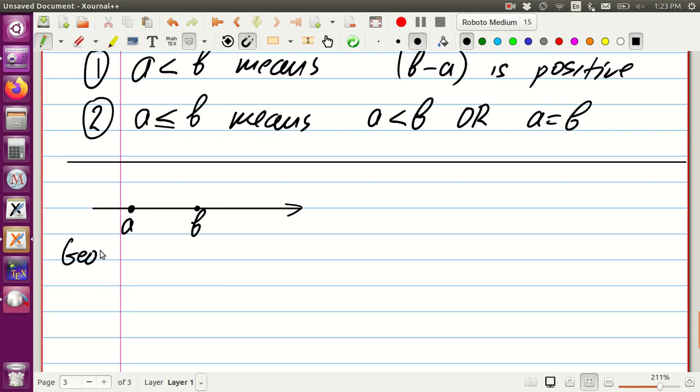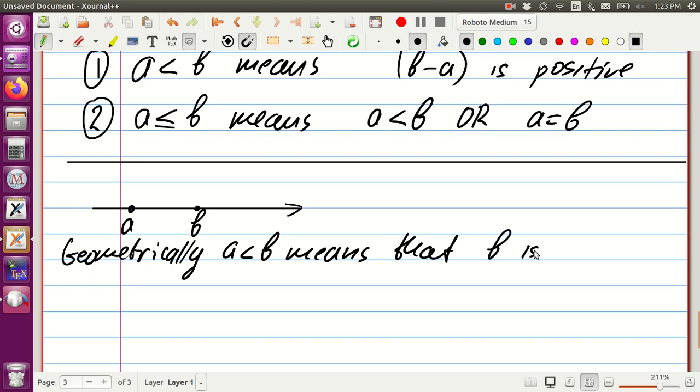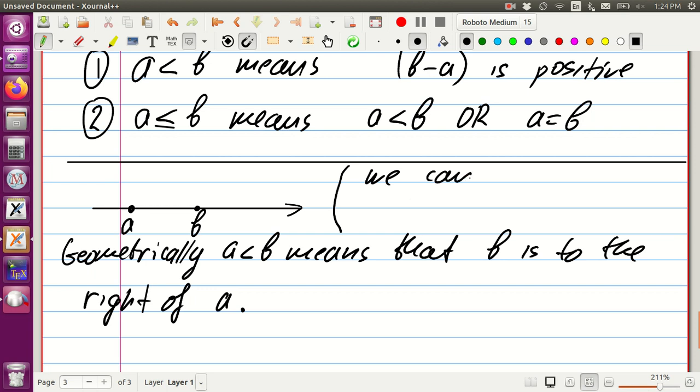Geometrically, A less than B means that B is to the right of A. And another thing that we should add here while we're doing this, we can say that we can write A less than B as B greater than A. It's the same expression.